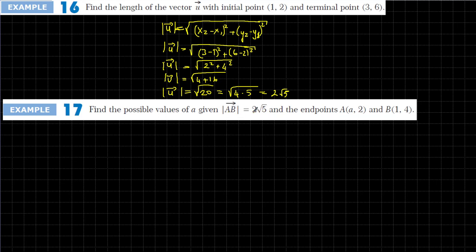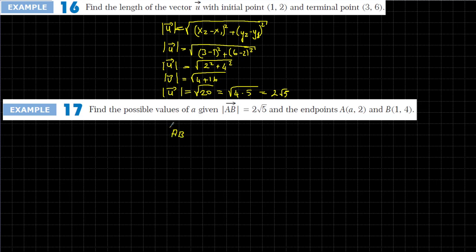There is a vector with distance 2 root 5, and the points are A(a, 2) and B(1, 4). Here I'm going to write the same formula that I have written before.